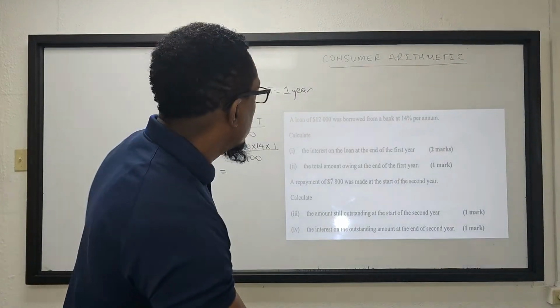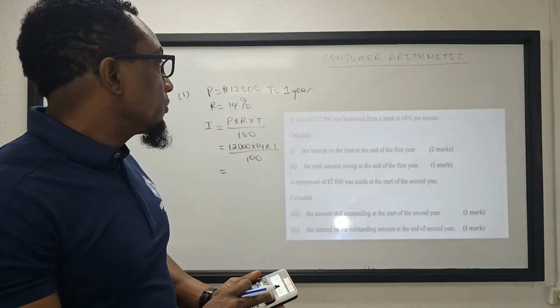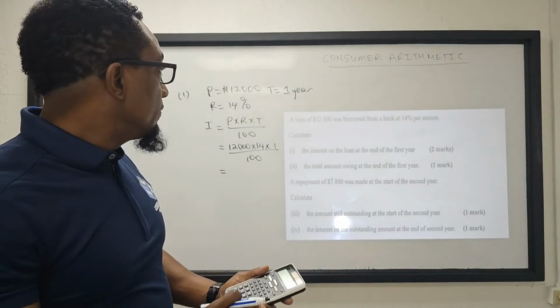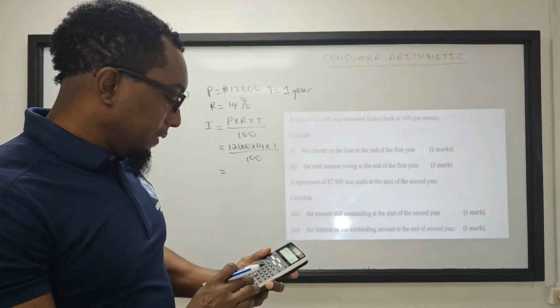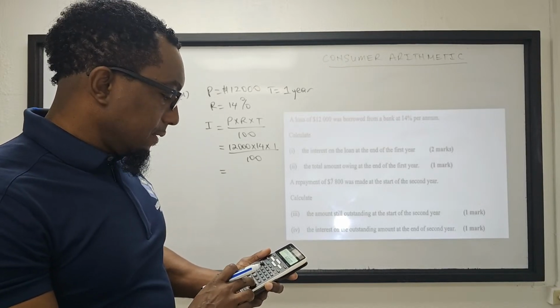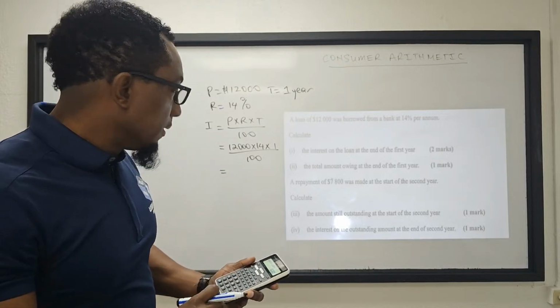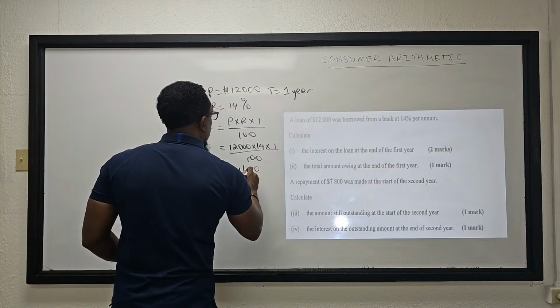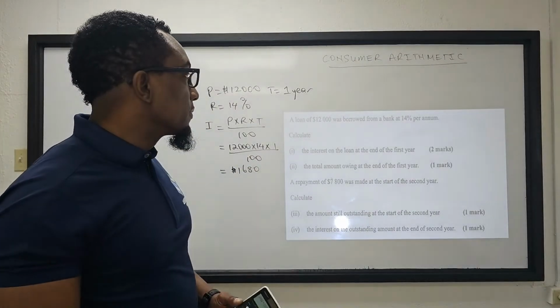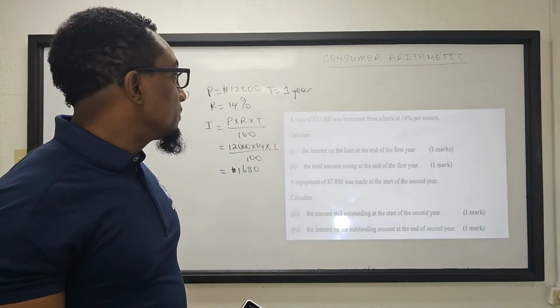And when we work that out, what are we going to get as the interest on the loan at the end of the first year? That's 12,000 multiplied by 14 divided by 100. So the interest on the loan will be $1,680. That's at the end of the first year.